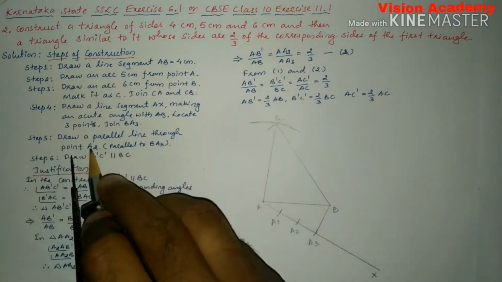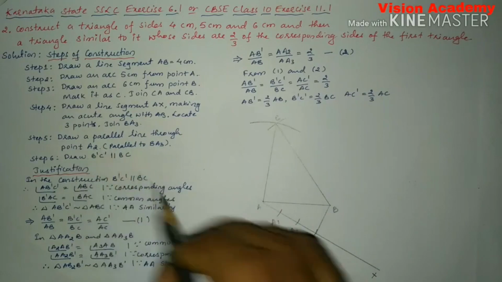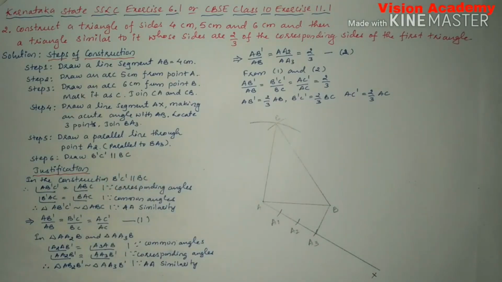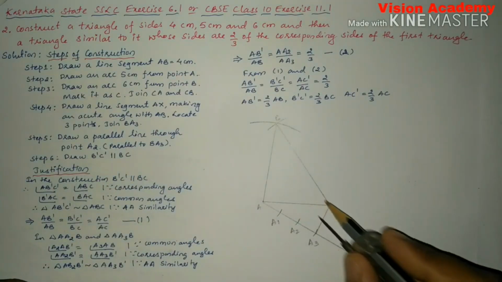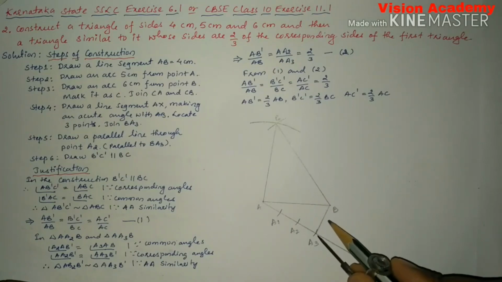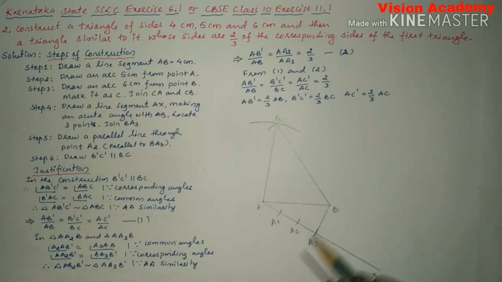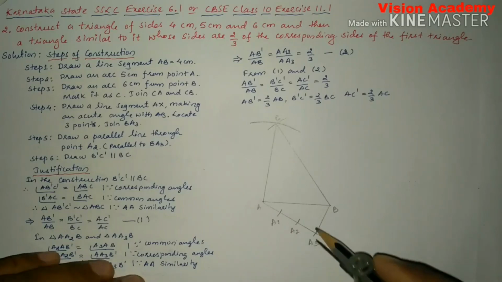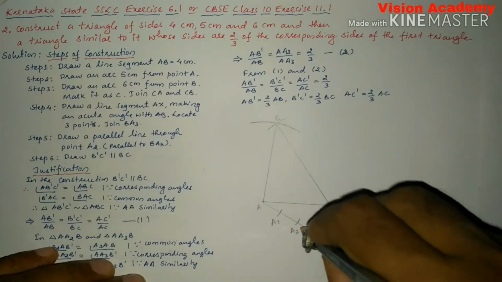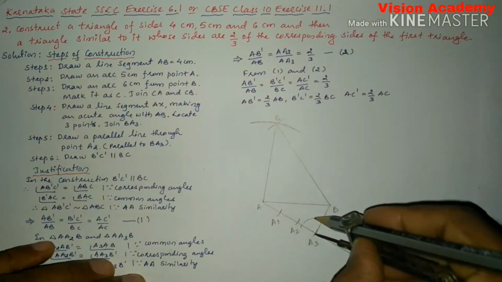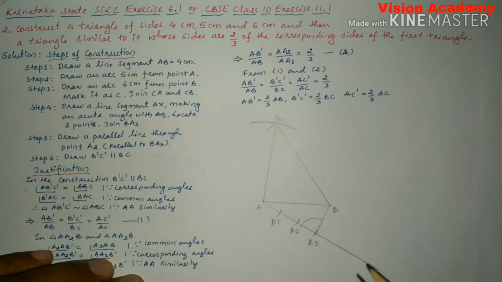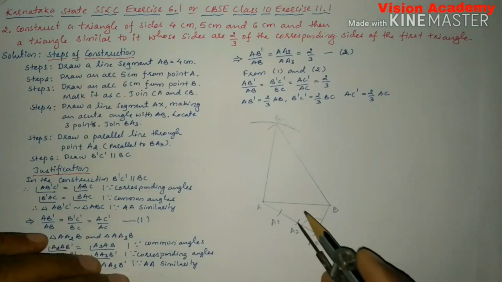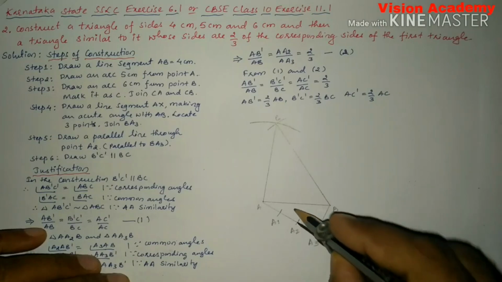Next, step 5, draw a parallel line through point A2. So through this point we have to draw a line parallel to BA3. In order to draw a parallel line, we have to draw an arc on A2.